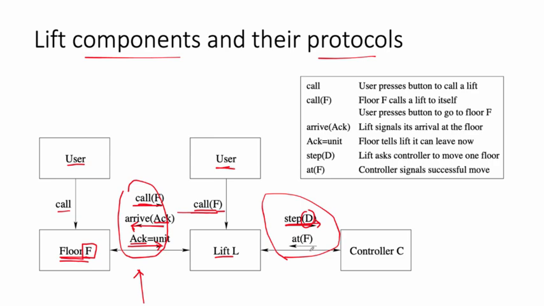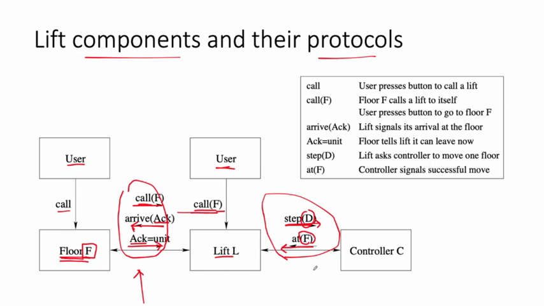And the controller moves one floor at a time and sends a message back when the lift has stepped by one floor and tells me you are now at floor F. Okay? And if the lift then sees I'm at floor F, it does whatever it has to do, and then it sends another step message to go to another floor. But the controller is only moving the lift one floor at a time.